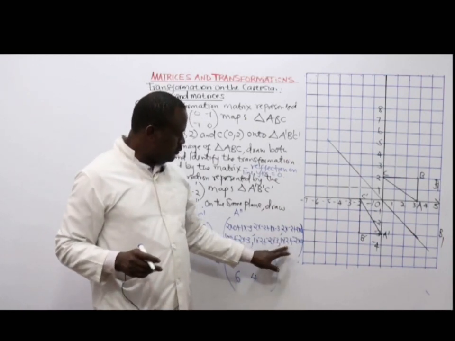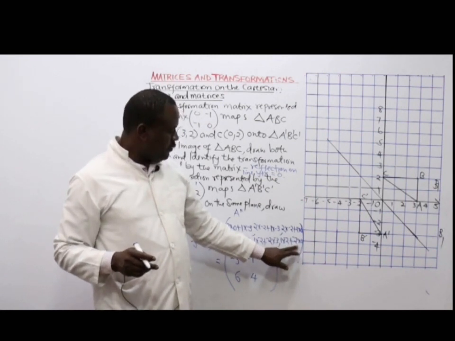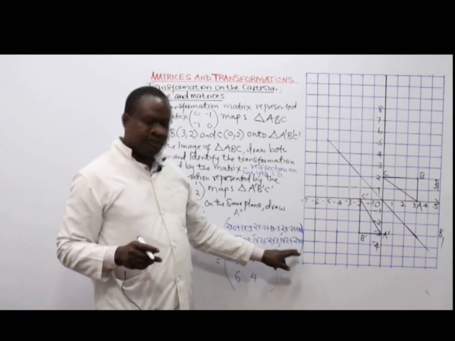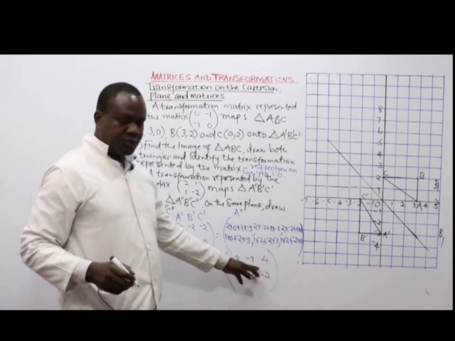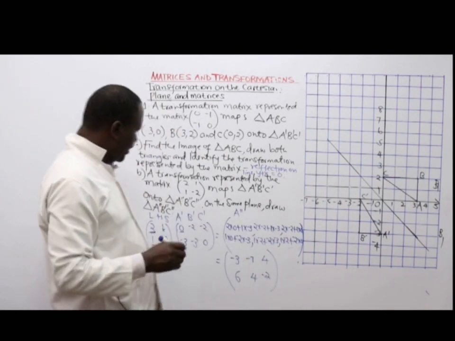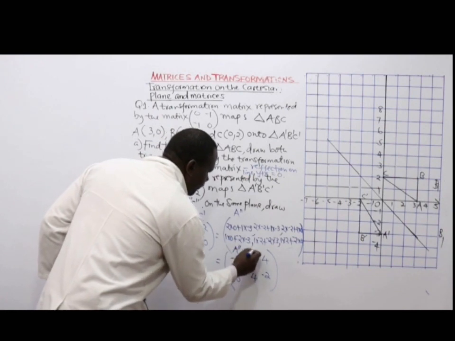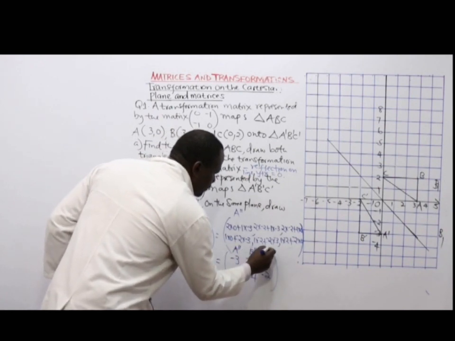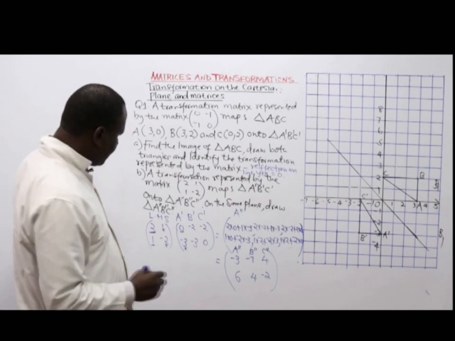Negative 2 plus negative 2 times 0. We get negative 2 plus 0, which is negative 2. Now this should be written in a row form and then plotted. They should be written in a row form and then plotted.